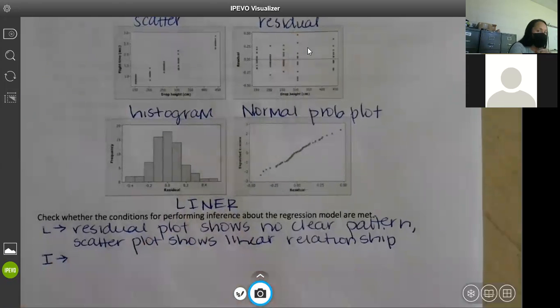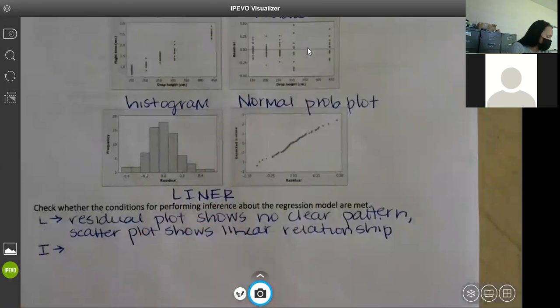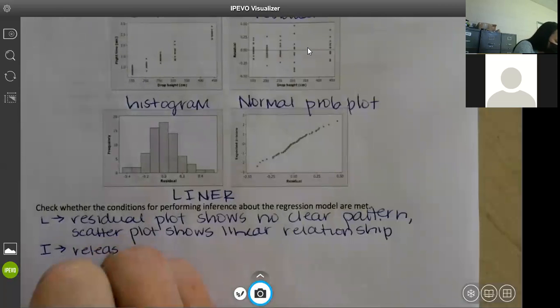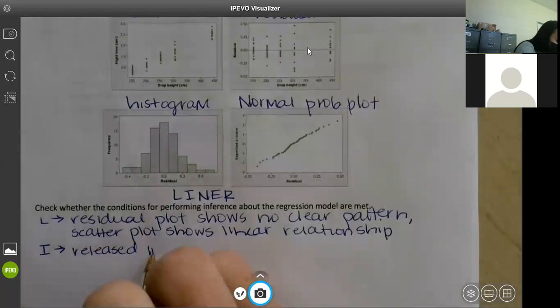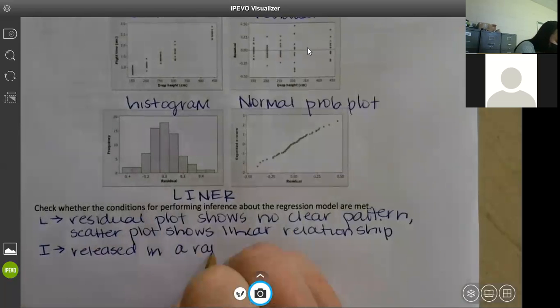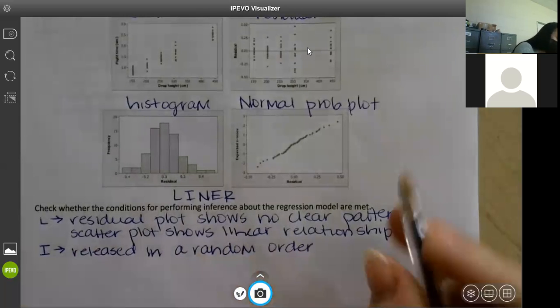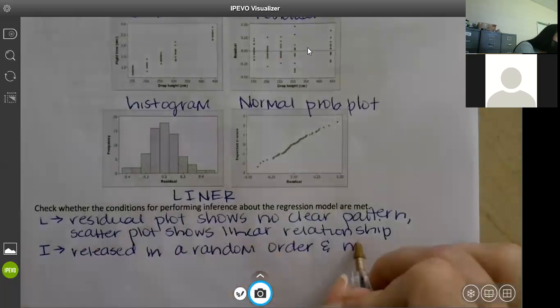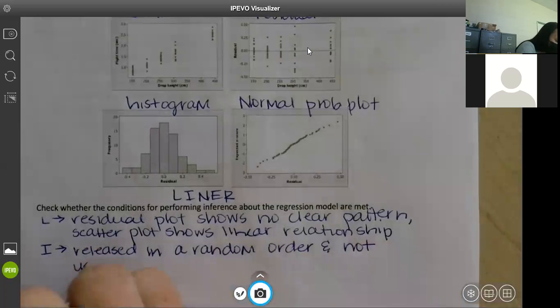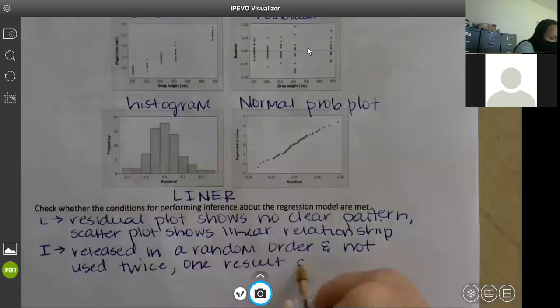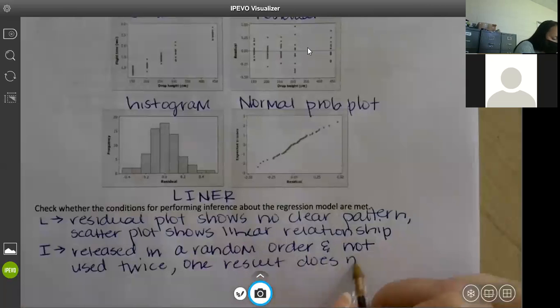All right. So I is it independent? So what did they do? I'm just going to go ahead and put this in here. Since they released in a random order, and none of the helicopters were used twice, one result does not affect the other.